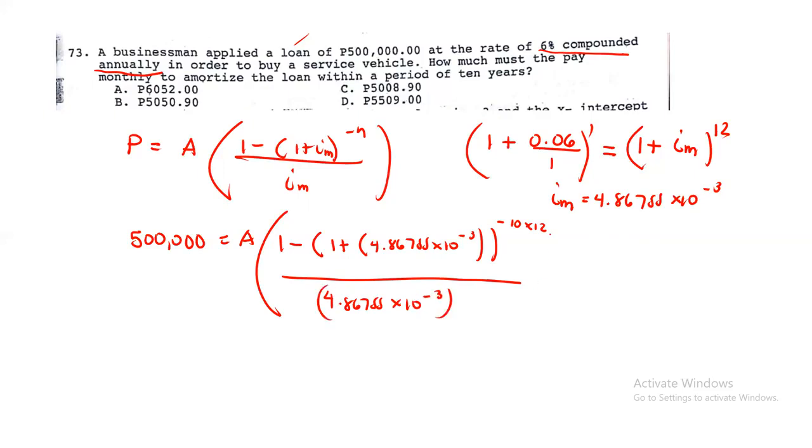If you type this in the calculator, the answer is A equals 5511. So, the answer is letter D, the closest to letter D.